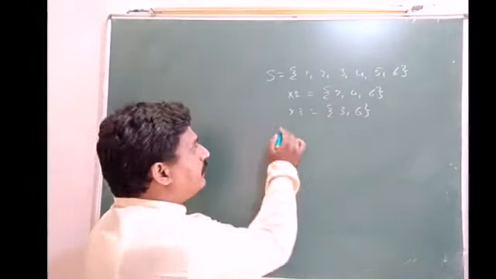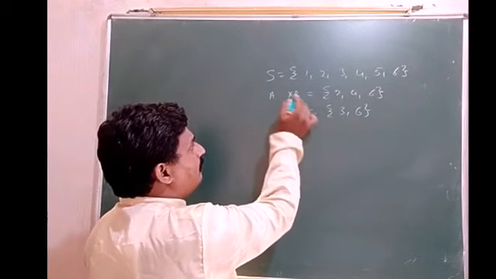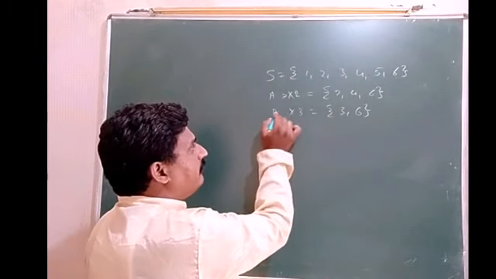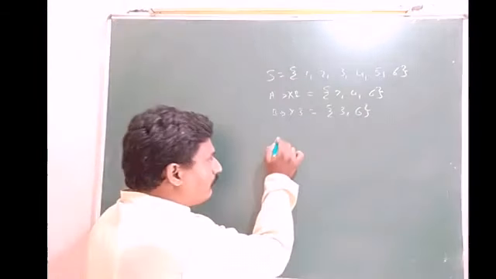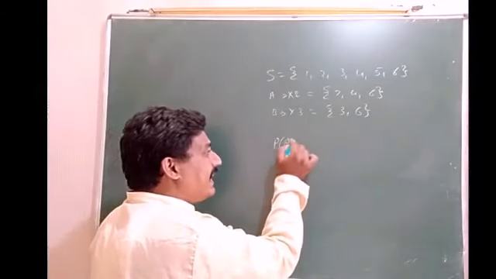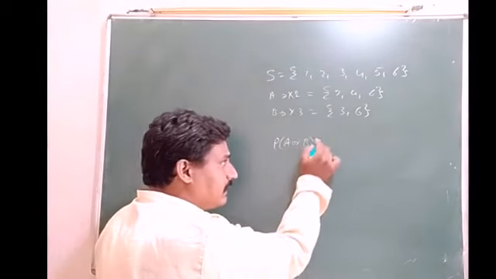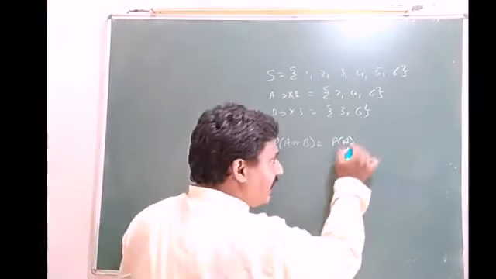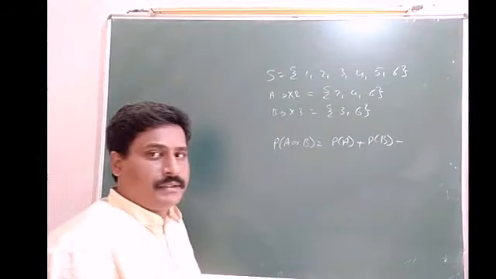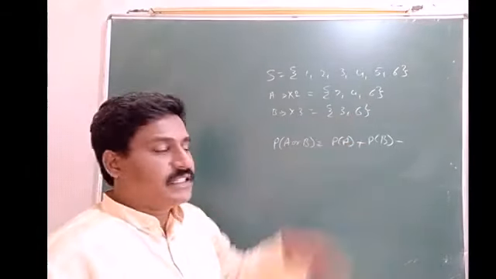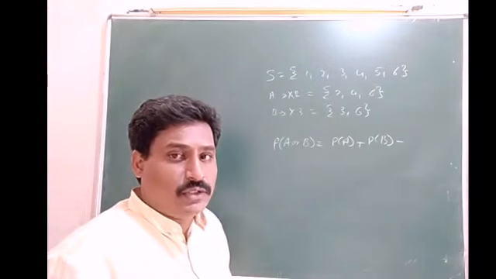Let event A be a multiple of 2 and event B be a multiple of 3. The probability of getting A or B is P of A plus P of B minus P of A intersection B, because both cases are not mutually exclusive.